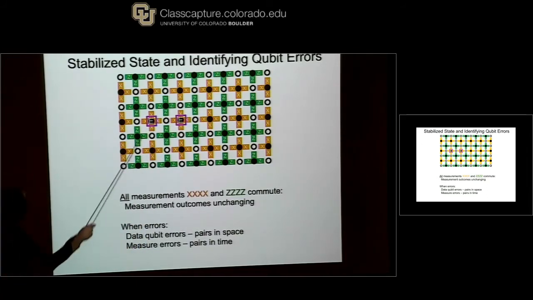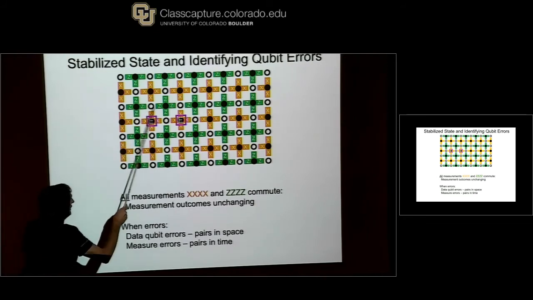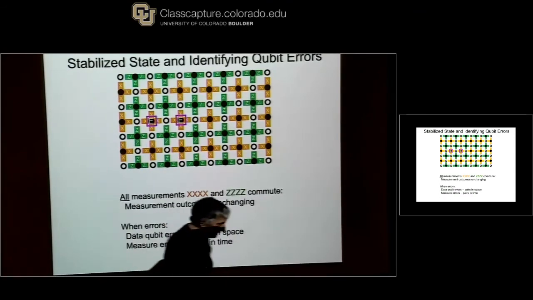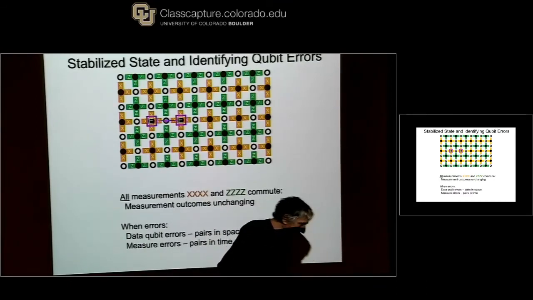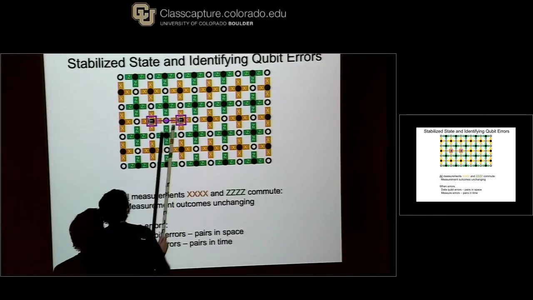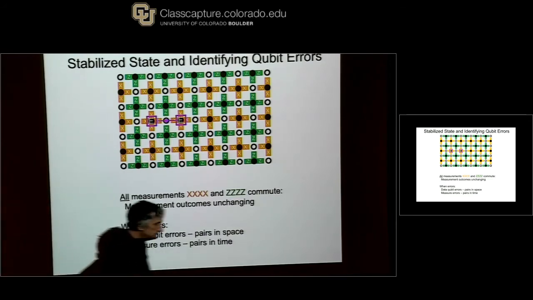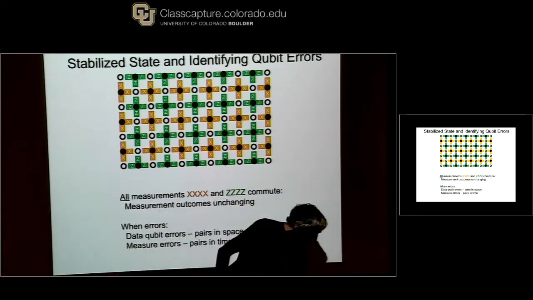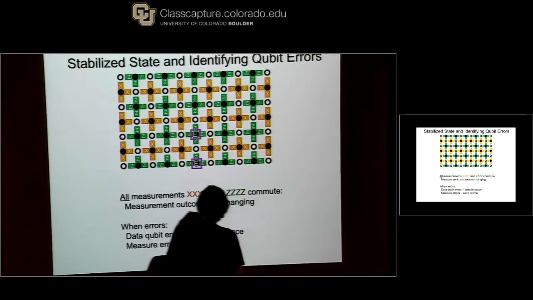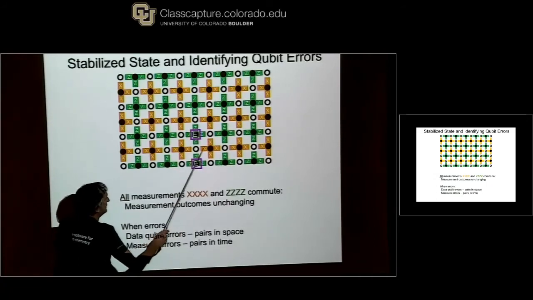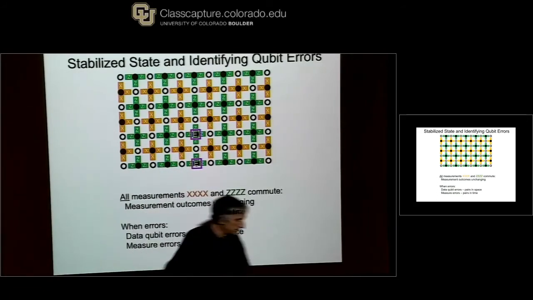When this one changed, you said one of these qubits changed. And this one changed, you said one of these qubits changed. And it's very clear that you would decode that as there is an error here. Kind of just like in the way we talked about before. Okay? This changed, one of these 3, one of these 4, the error is there.